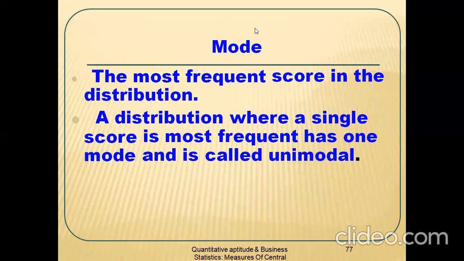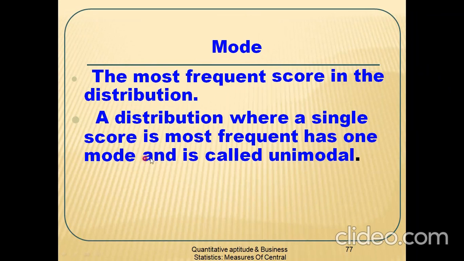A distribution with two modes can be considered a bimodal distribution. If you observe here, a distribution where a single score is repeated the highest number of times is considered a unimodal distribution.